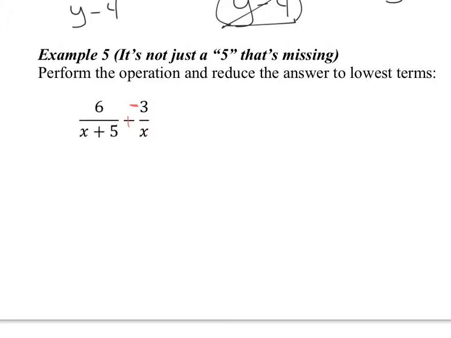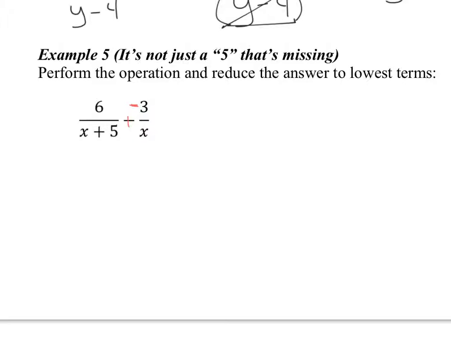Now remember, factors are when two things multiply together. So you need to think about, can I multiply x by anything to get x plus 5? Think really hard. No, I can't. If I multiply this by 5, I get 5x, not x plus 5. So that's badness. So they don't have anything in common at all.